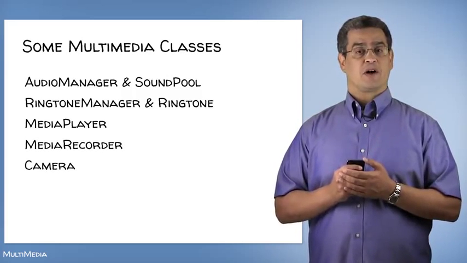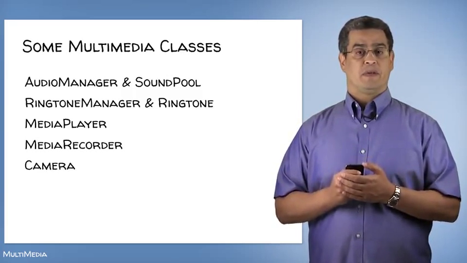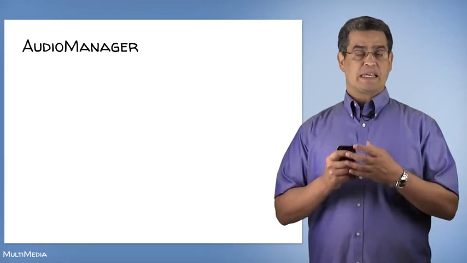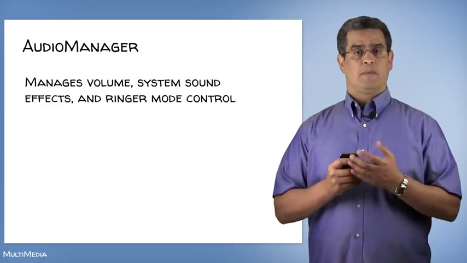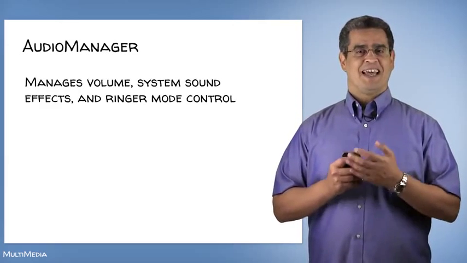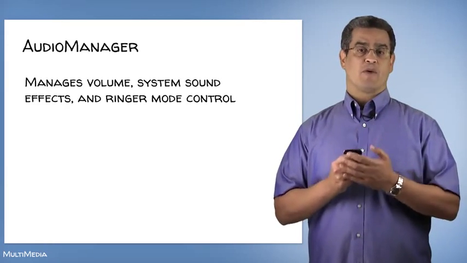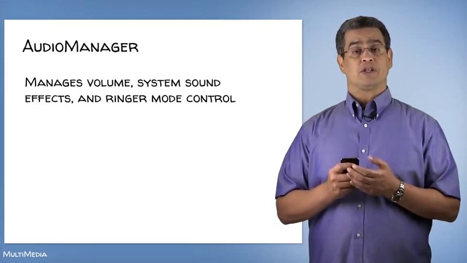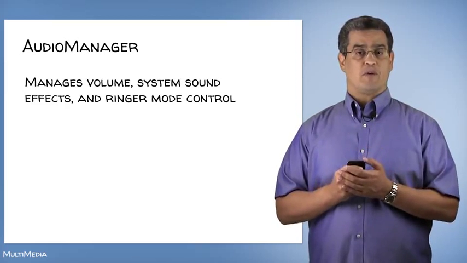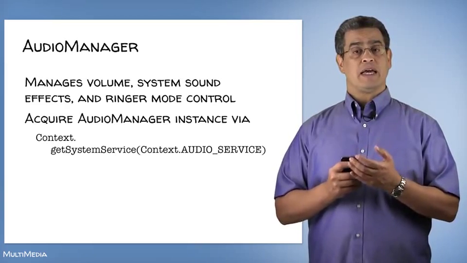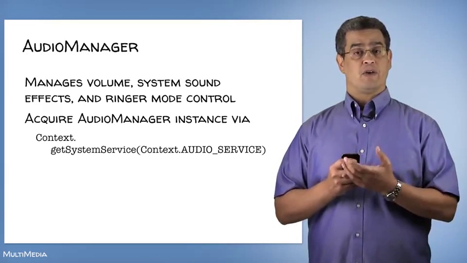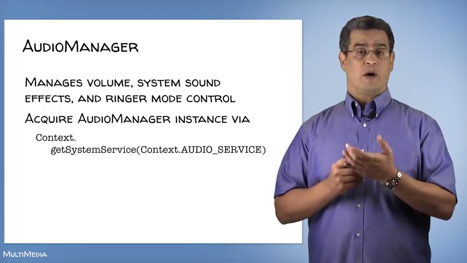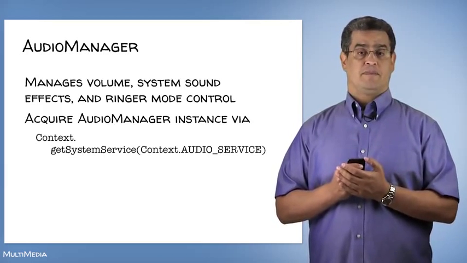The first class I'll talk about is the Audio Manager. This class manages basic audio capabilities, like manipulating the device's volume, playing system sound effects, and changing the device's ringer mode. Applications acquire a reference to the Audio Manager by calling context.getSystemService, passing in the value Context.AUDIO_SERVICE.